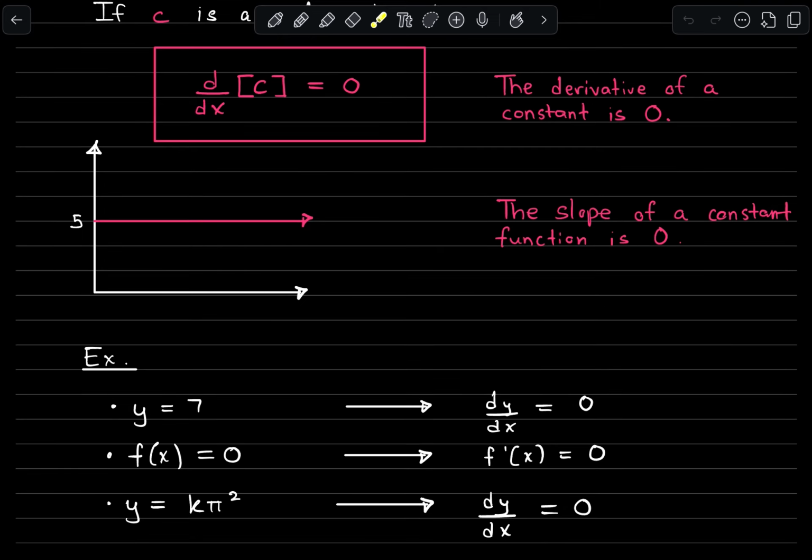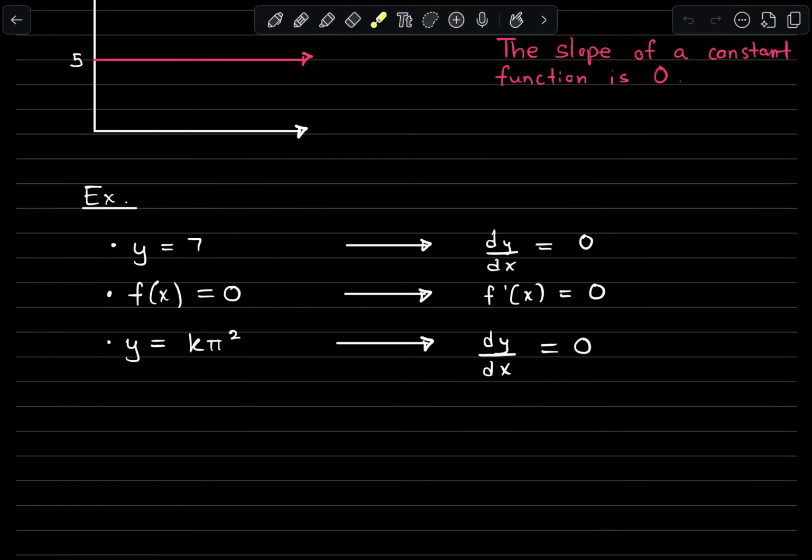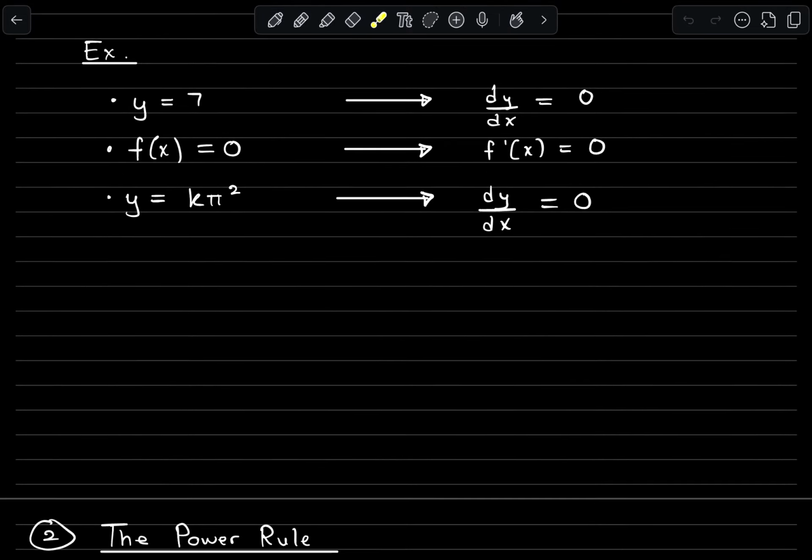And if you had something of the form, say, k pi squared, remember these are all constants. k has to be defined, right? If it's defined as a constant, pi is also just a constant. It's an irrational number, and we sometimes write it as if it were a variable, but as it is in fact a constant, its derivative is also going to be 0. So the derivative of a constant is 0.